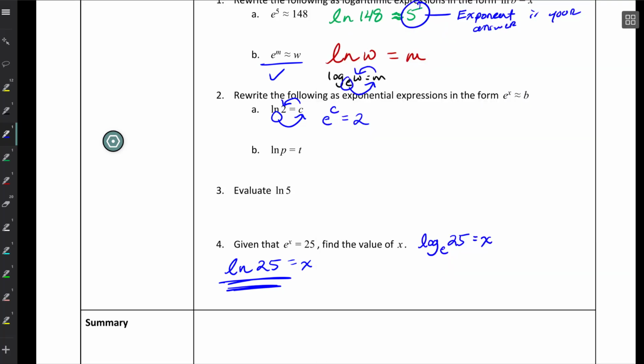Whenever you're writing out answers like this where you're evaluating something, go ahead and write them out, and then round to 3 significant figures. We'll talk a lot more about significant figures as the course goes on, but we will say that x is approximately 3.22. And that is our answer, rounded to 3 sig figs.